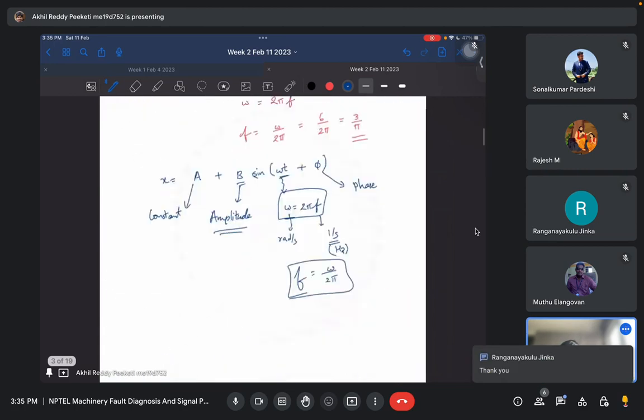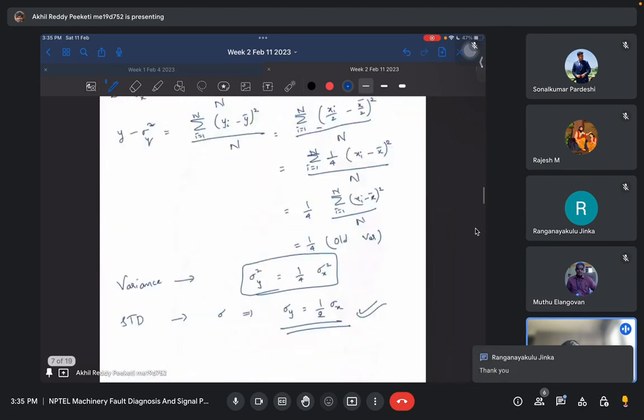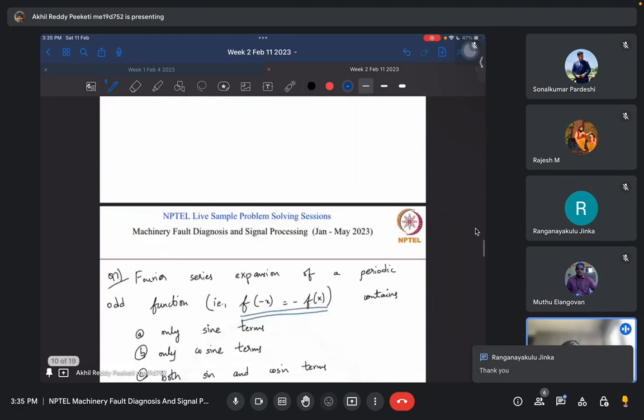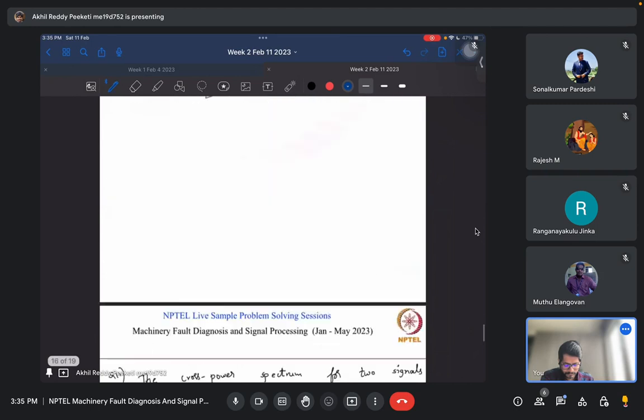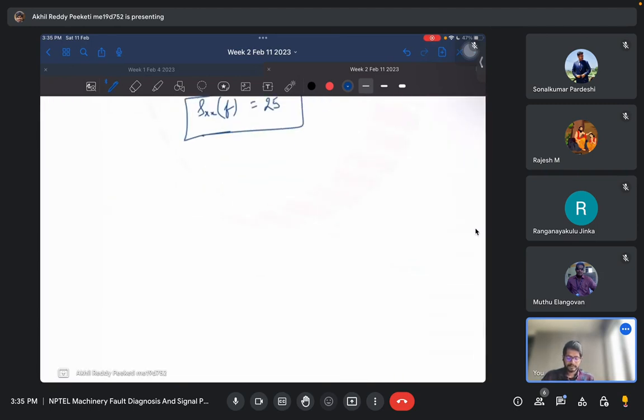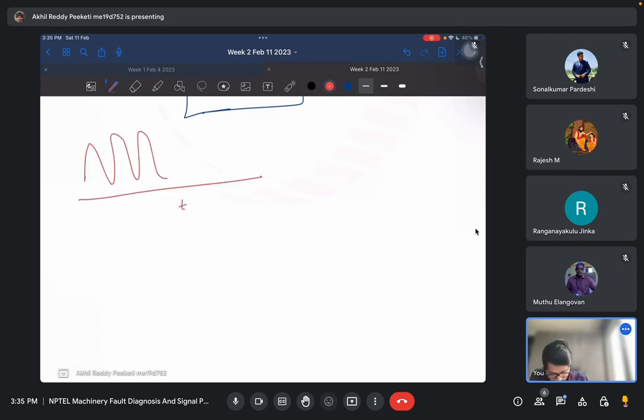Coming to the question of Muthu, the difference between FFT and STFT. In FFT, you do the frequency conversion for the entire data. Let's say as a function of time you have this data, you do the FFT of the entire thing at once.